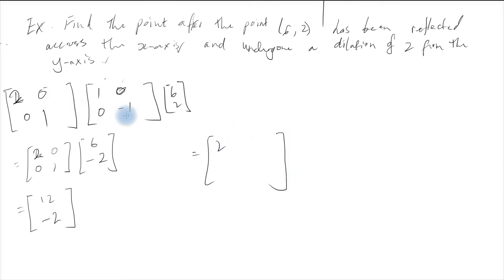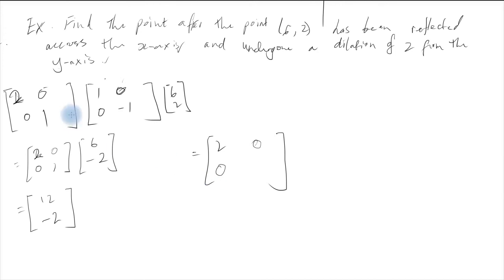Then the next one going across, notice that I'm going to get a 2 by 2 matrix when I multiply these two together. The next one that's going to go in this spot here is 2 by 0 is 0. 0 by minus 1 is 0. Now the next spot, this one here, 0 by 1 is 0, and 1 by 0 is 0.